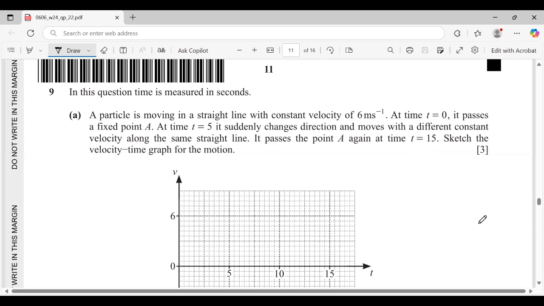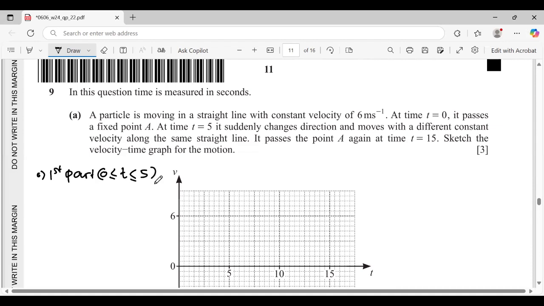To sketch the velocity-time graph for this motion, we need to break the motion into two parts. The first part is when time is 0 to 5.